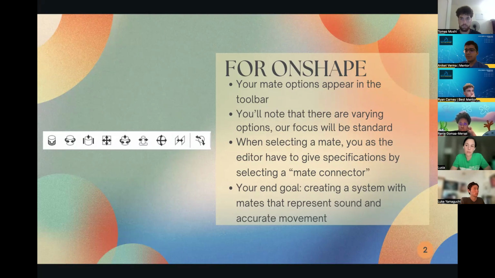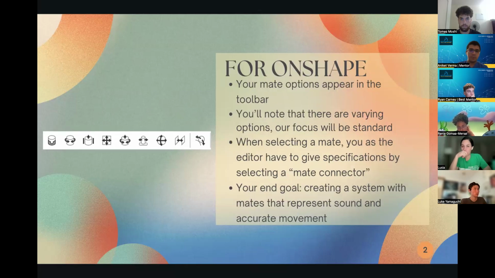And then the end goal is to create a system of mates that represent accurate movement. So whenever you create a system, you want to make sure that the movement of the system is as you expect it to be and not something totally random or out of the blue.